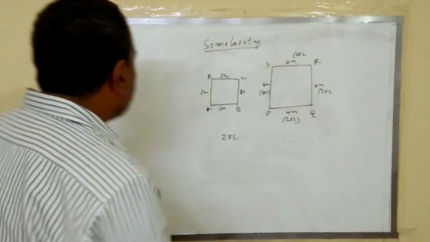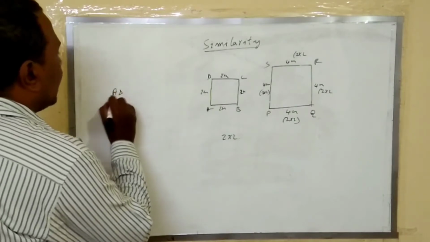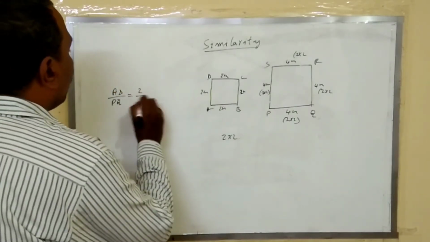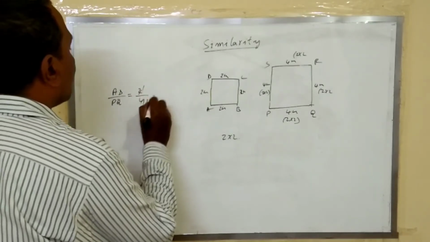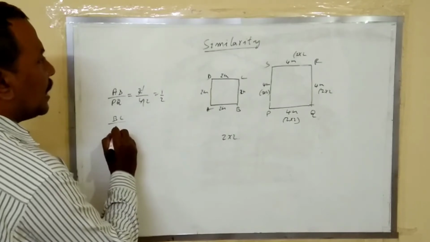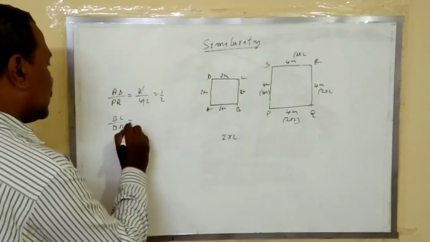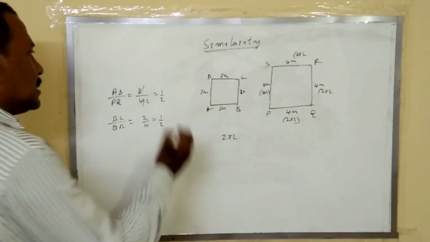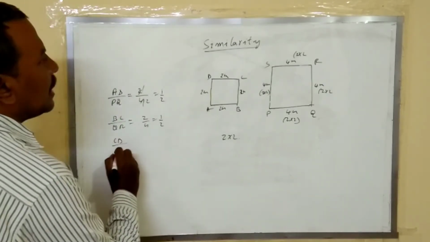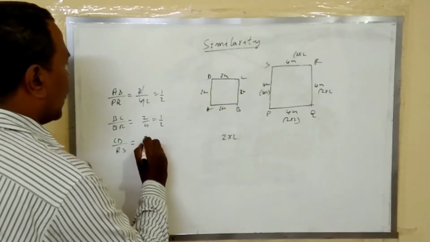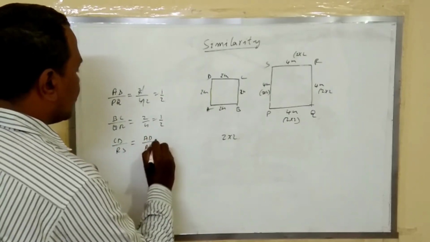So what happens if you take AB by PQ? 2 by 4. 2 ones are 2, 2 twos are 4, 1 by 2. Similarly, BC by QR, 2 by 4, which is equal to 1 by 2. Similarly, CD by RS and AD by PS, which is equal to 1 by 2.